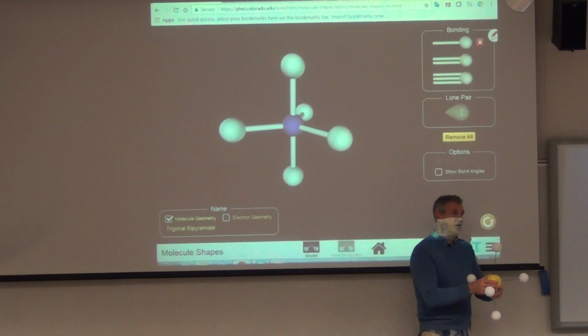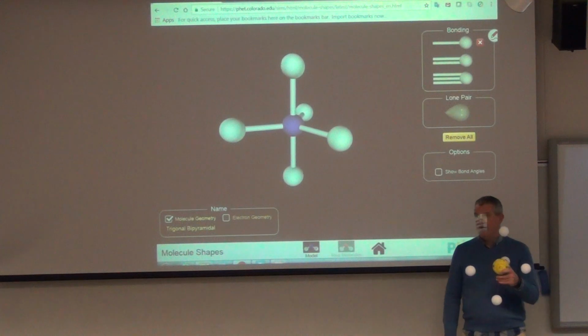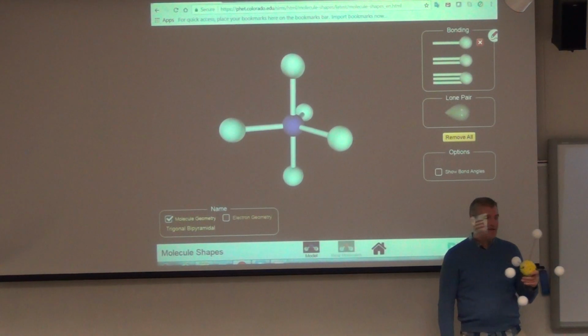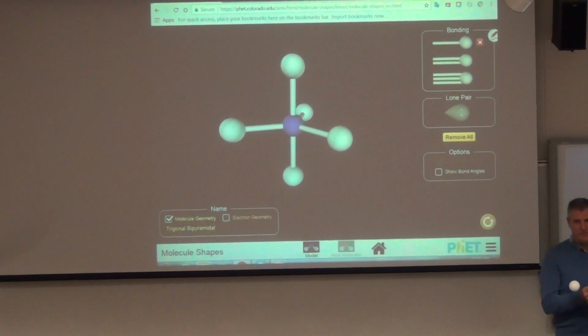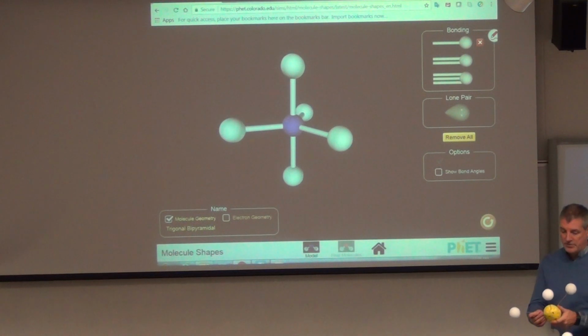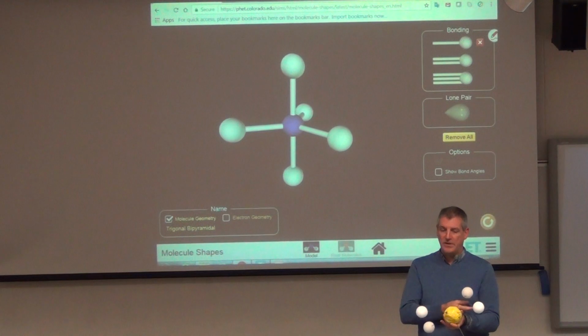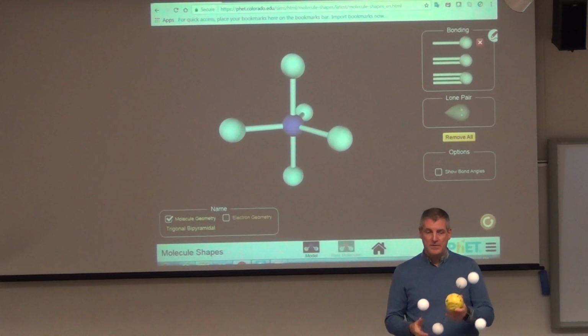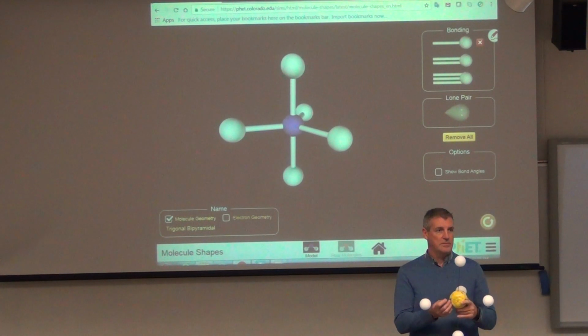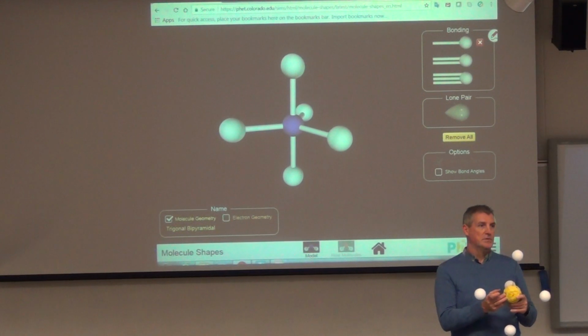But now, we got a bunch of angles to identify. How many different angles do we have between the bonds? Well, on the horizontal plane, just like before, we've got 120, 120, 120. In addition to that, what other angles do we have? Cool.